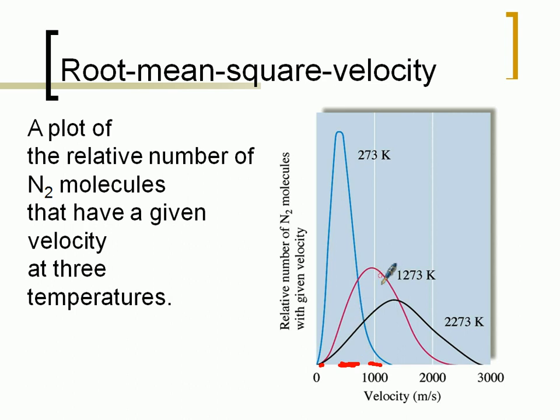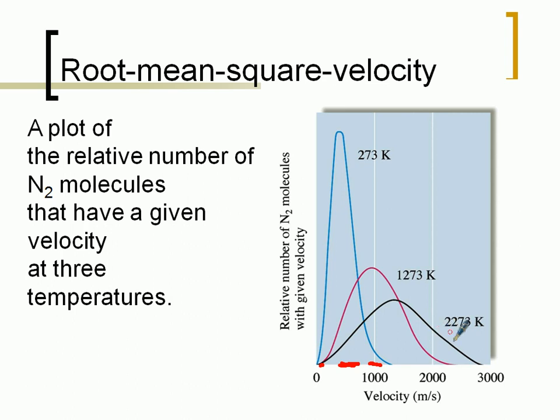Area underneath the graph would be the average velocity of that. As you increase the temperature, the graph begins to spread out. The area under the graph for all three is the same. It's just that the graph is spreading out to compensate for those different distributions of relative speeds.